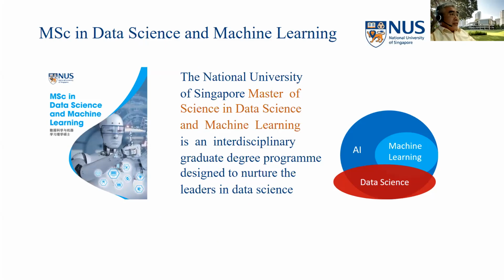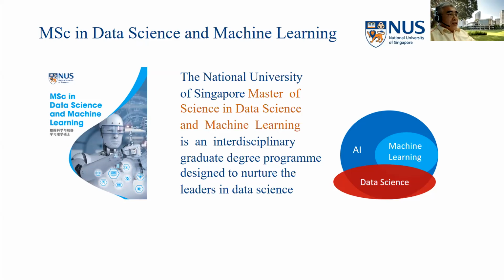Because data science is an emerging science, last year we established this master's degree program, the Master of Science in data science and machine learning. This is an interdisciplinary graduate degree program by nature.